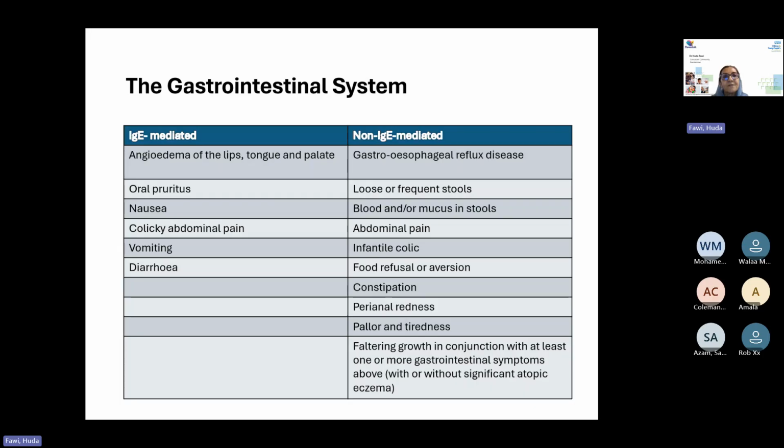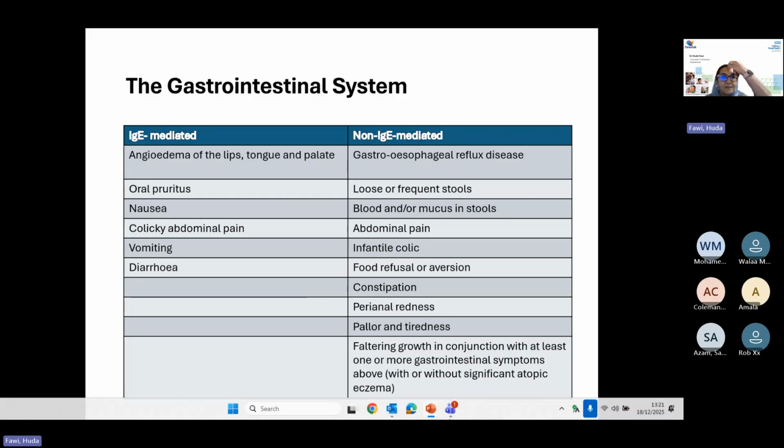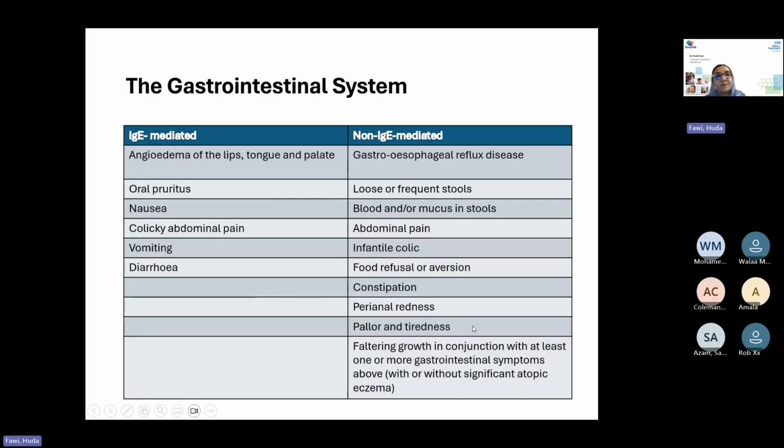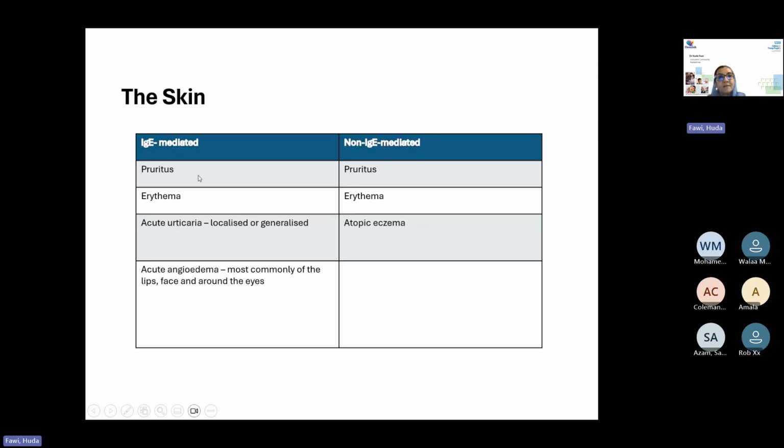That's here just a list of symptoms. I'll share the slides later, if you wanted. So it gives you a list between the IgE-mediated symptoms and the non-IgE-mediated symptoms. That's the GIT, in the skin, pruritus, erythema, urticaria.